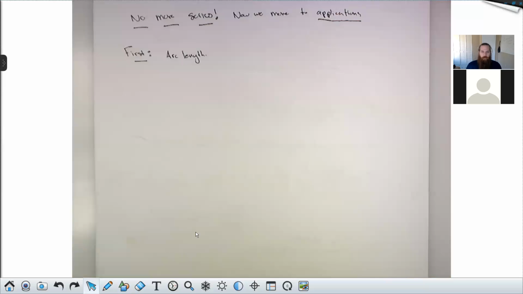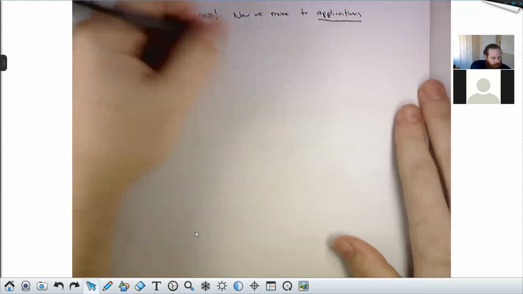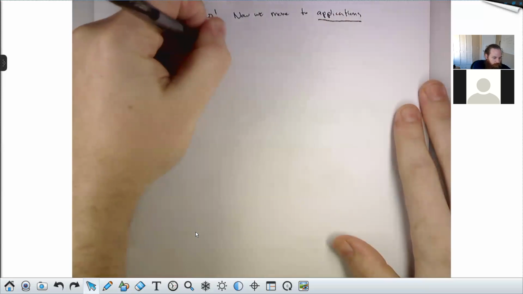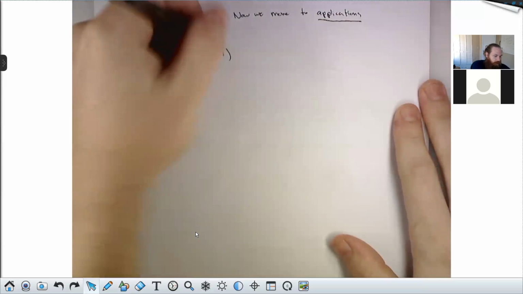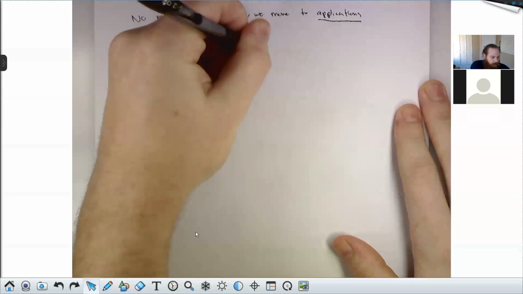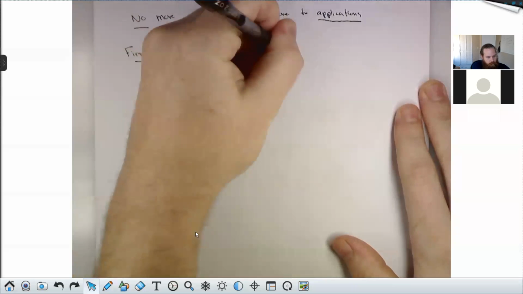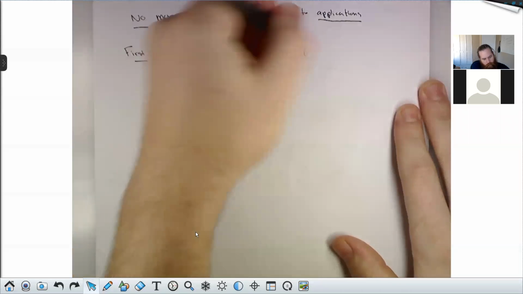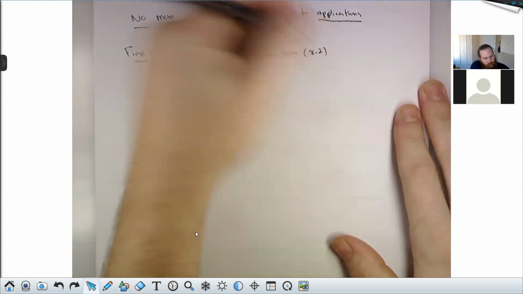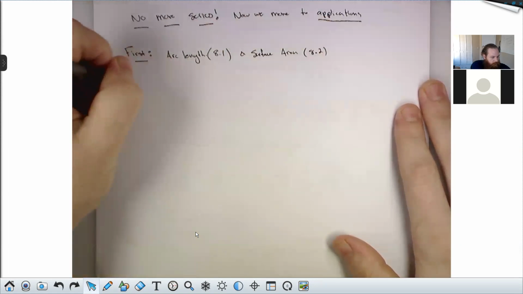Arc length is what it sounds like. I hand you a curve. So this is arc length, section 8.1, and surface area is 8.2. Arc length is what it sounds like.